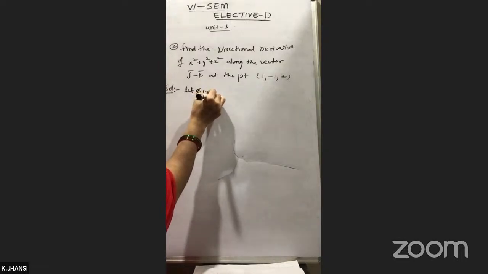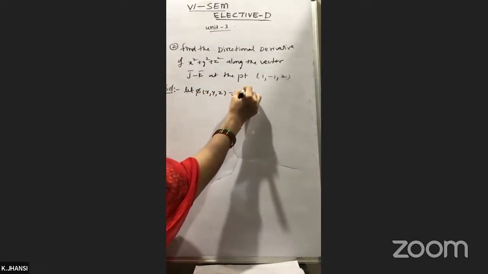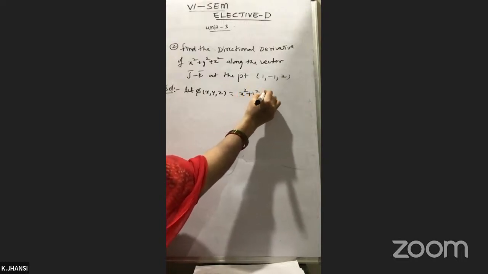So let phi(x, y, z) equal the given function, x² + y² + z².